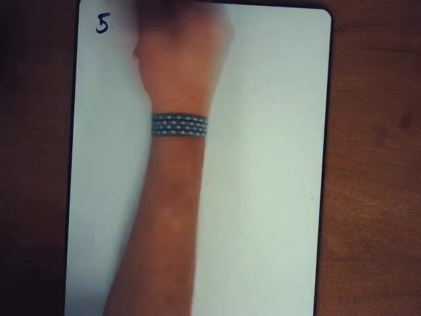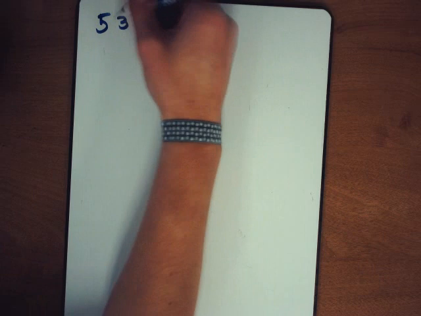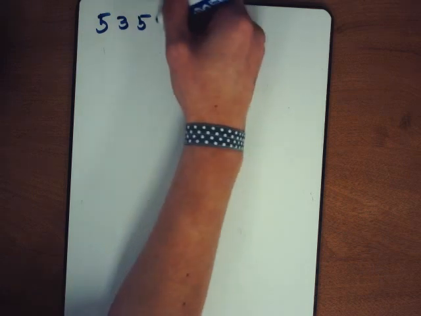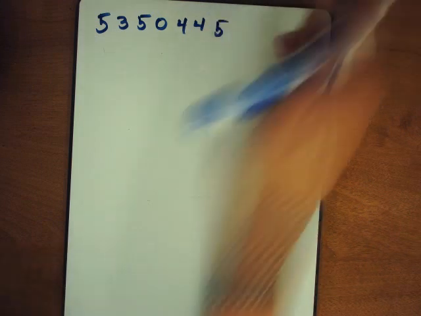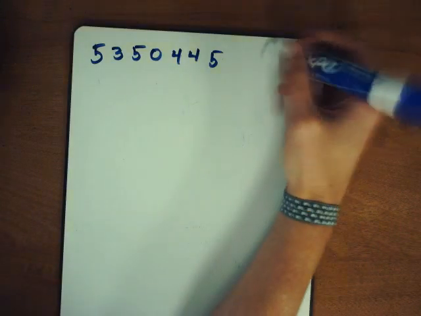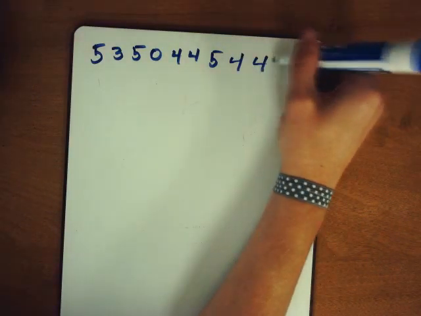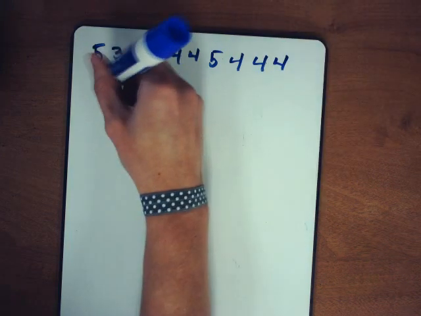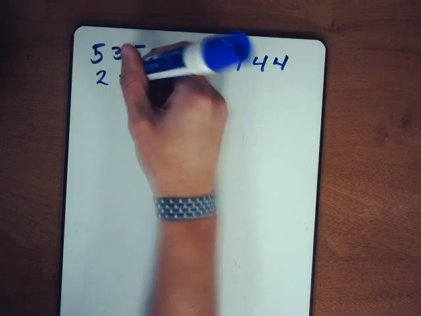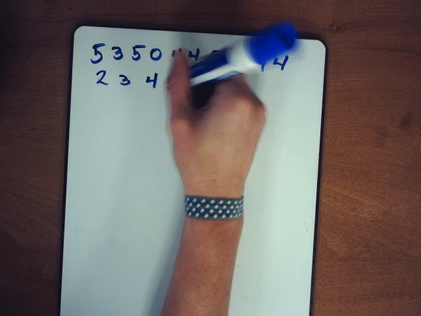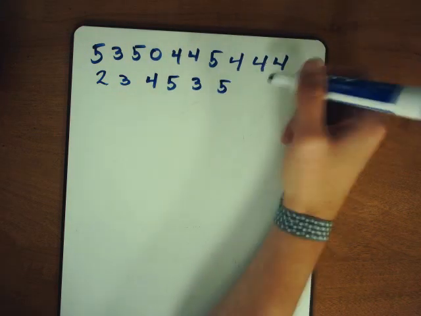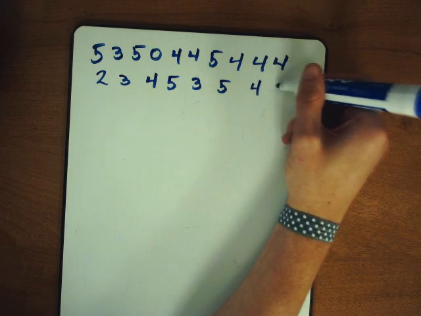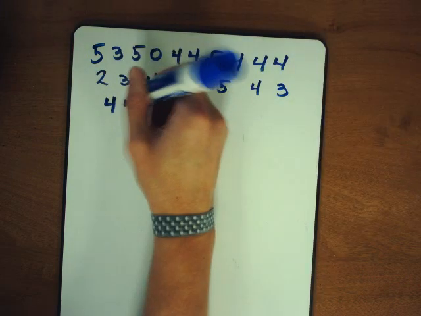So here, the different scores, we had 5, 3, 5, 0, 4, 4, 5, 4, 4, 4, 2, 3, 4, 5, 3, 5, 4, 3, 4, and 4.